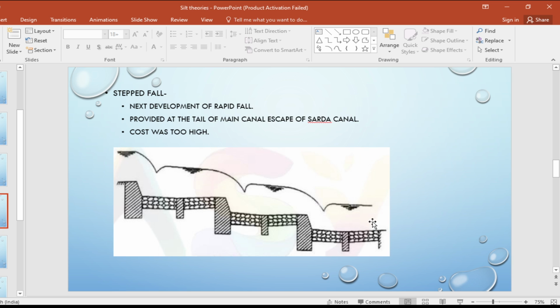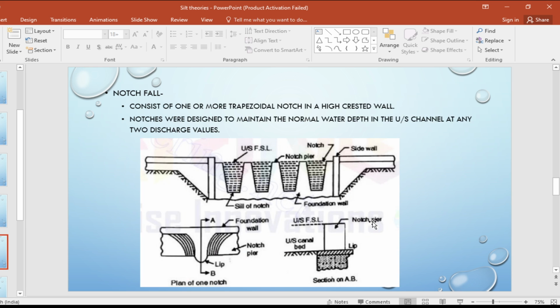Now, notch fall. Here the diagram shows the plan of one notch, section of notch, and a sill of notch also, sill level. After the development of stepped fall, the efficiency of vertical impact on the floor for energy dissipation came to be recognized.